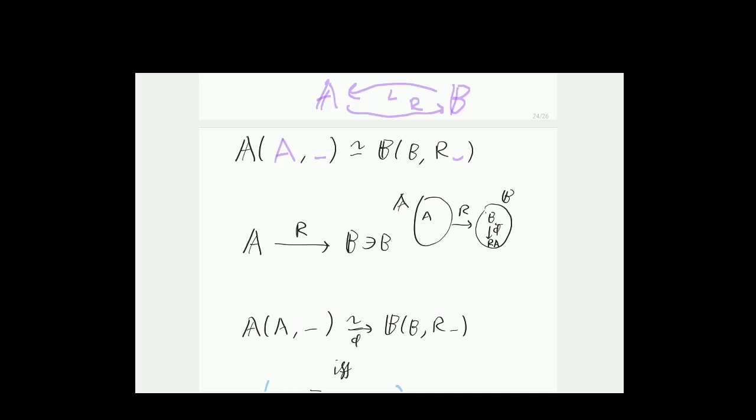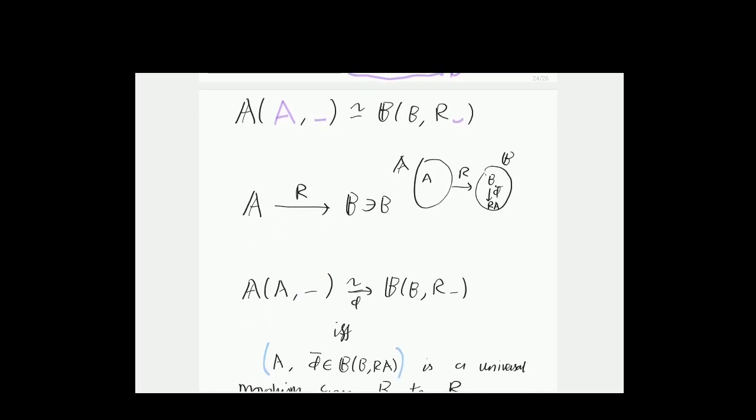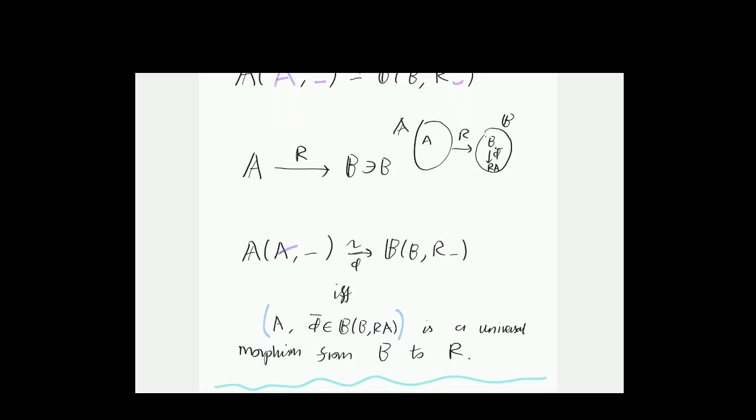And then the claim is that when we have this kind of condition, that happens if and only if we have that A of phi bar is a universal morphism from B to R. And this basically corresponds to this kind of picture. And actually this phi bar is basically the same thing as the units in this adjunction.